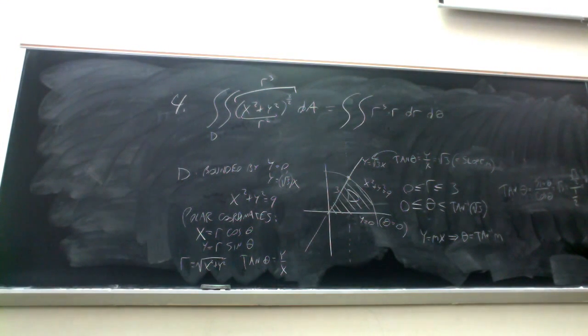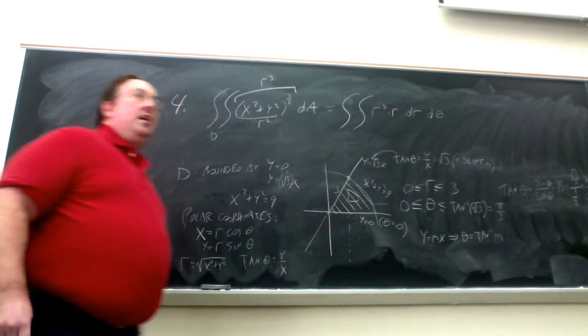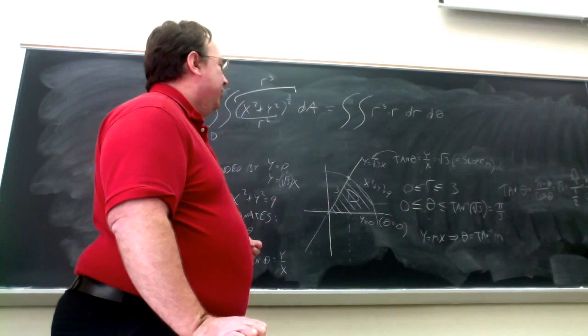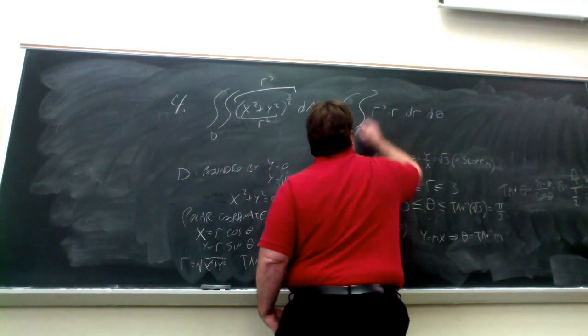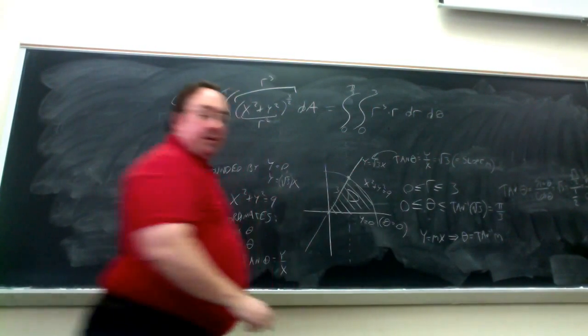Pi over 3, or 60 degrees, but we want radians here. So pi over 3, and 1/2 is also cosine of pi over 3. So your theta limit is pi over 3. If you have y equals mx, you take the arctangent of m, and that is your theta value. So now we have our limits: 0 to 3 in r, and 0 to pi over 3 in theta.